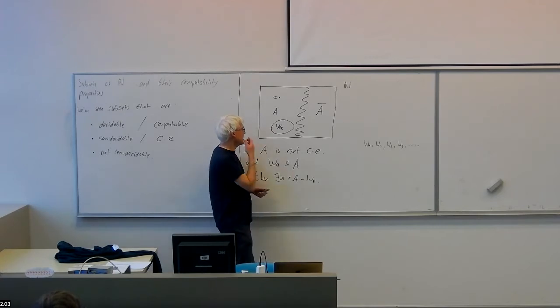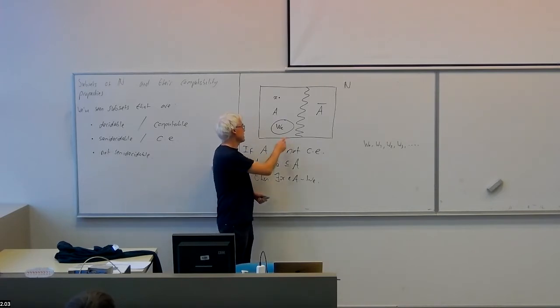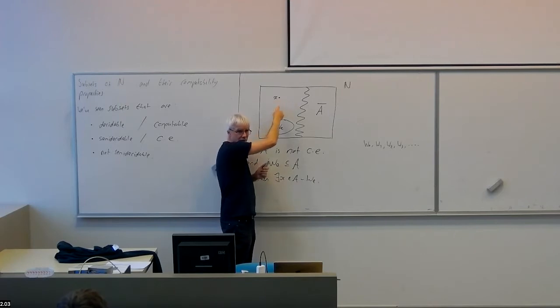Can we be not computably enumerable in a constructive way, such that we have a program that, given an E for which W_E is a subset of A, will give us back such an X?